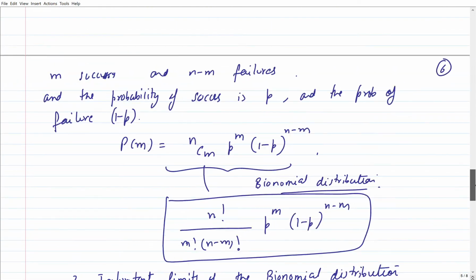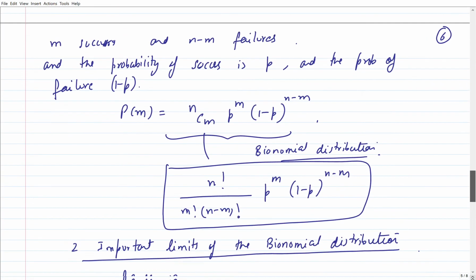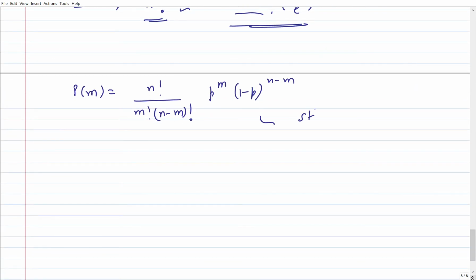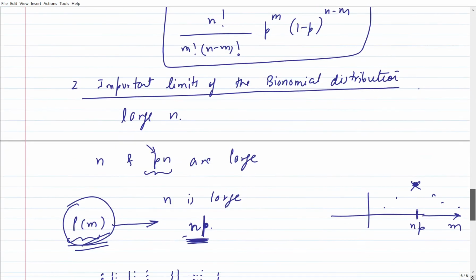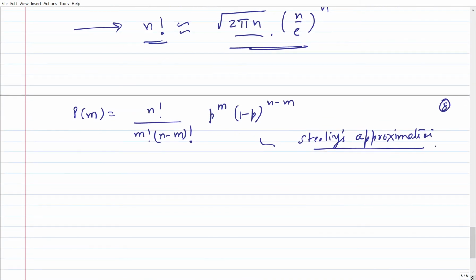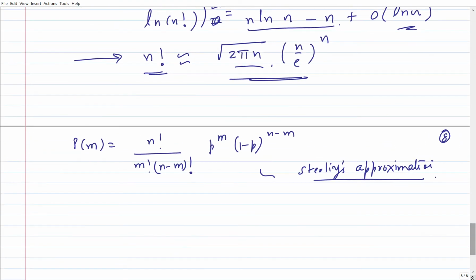So that was my thing over here, and in this I use Stirling's approximation, which is to say this guy. I can use the same thing for m factorial also.